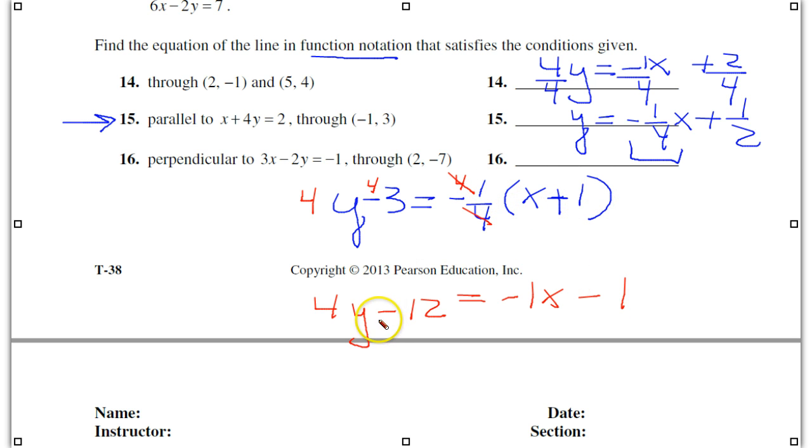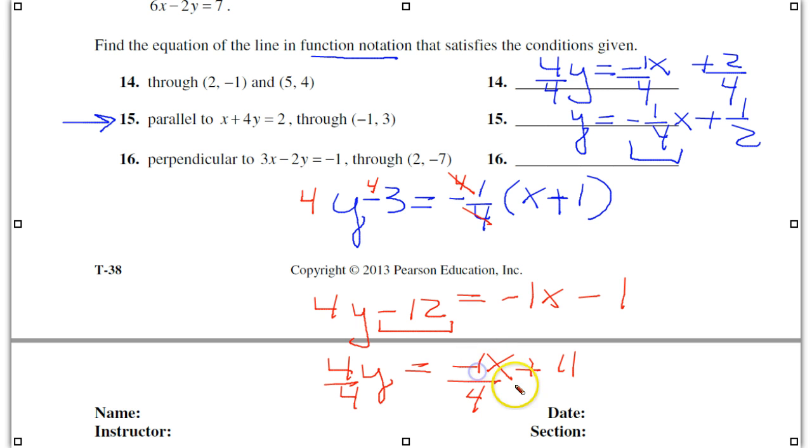Now we're going to transpose this to the other side, and I get 4y equals a negative x. This over on the other side becomes a positive 12. Minus 1 is a positive 11. And then I have to solve for y, so I divide everything by 4.